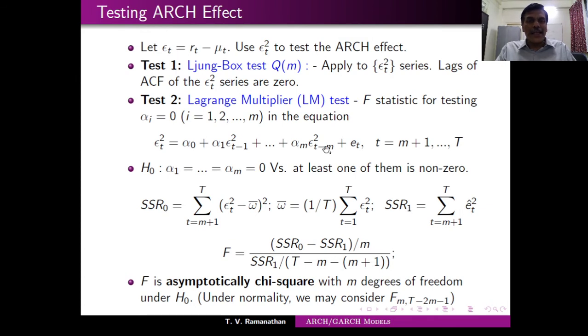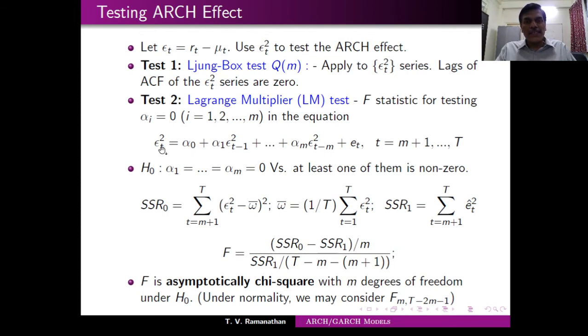This is like a typical regression hypothesis test. One can obtain the sums of squares of the restricted and unrestricted models and then get the corresponding F statistic. And we know that this is a chi-square distribution. Of course, there is some problem here.